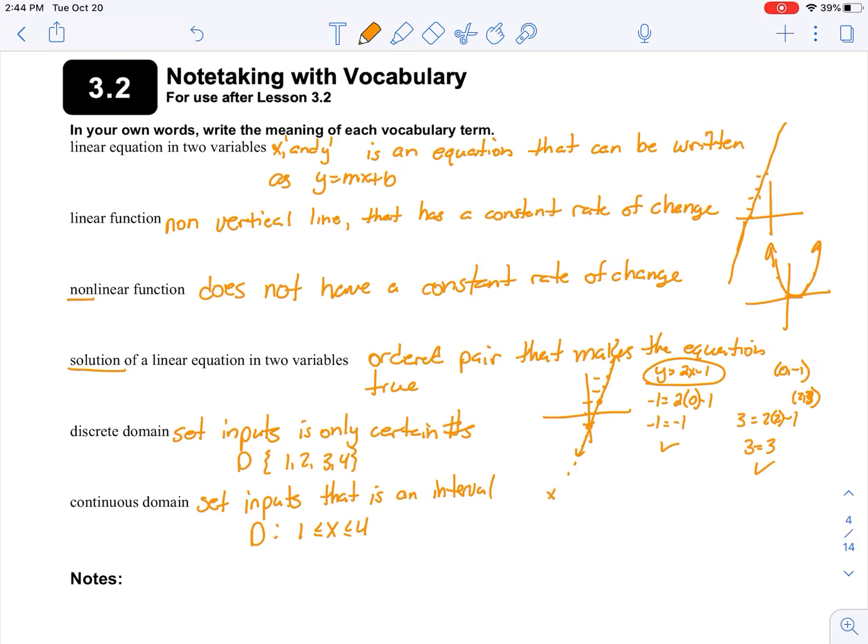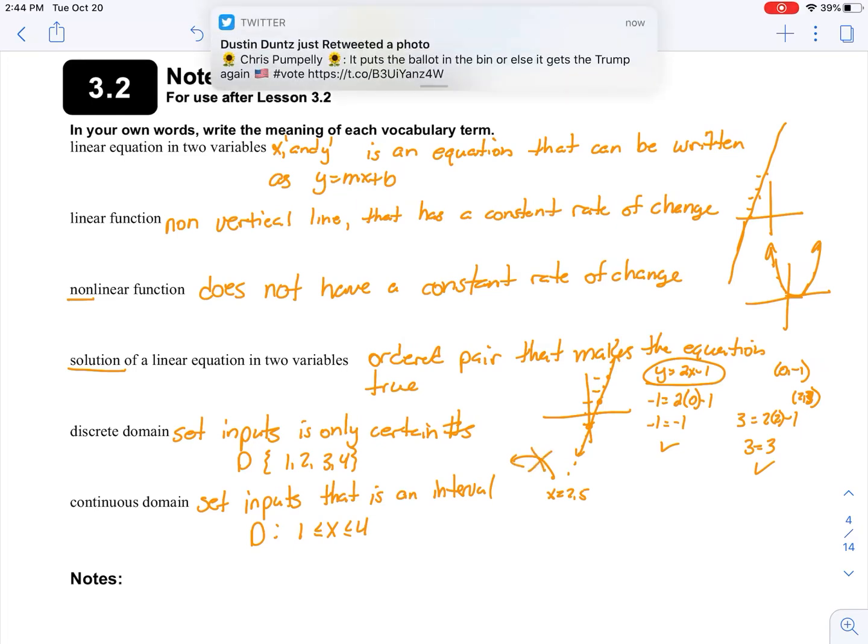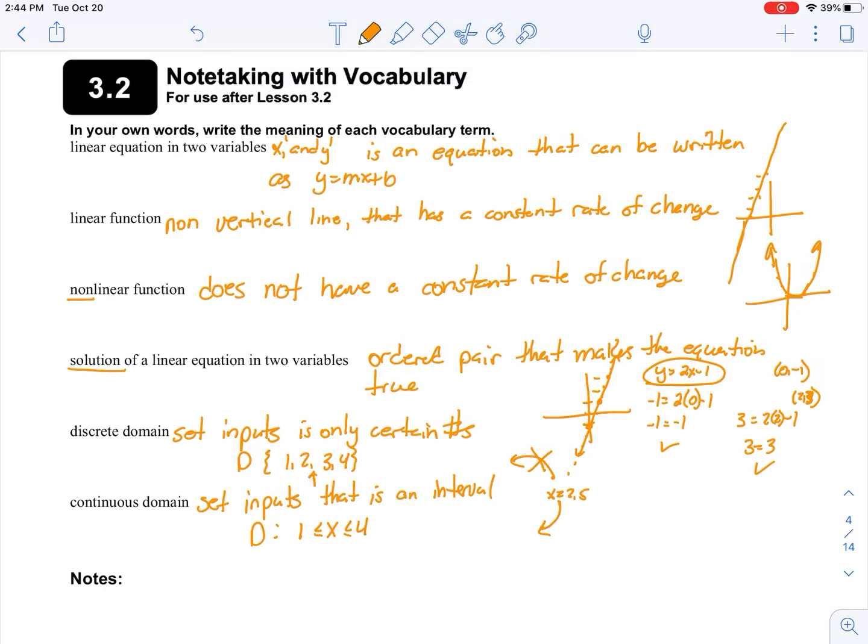However, a number like x equals 2.5 is not in the discrete one, okay? However, it is in the continuous one, because 2.5 falls in between 1 and 4. It's not in my discrete domain at all, okay? Whereas 2.5 would fall in between 1 and 4.